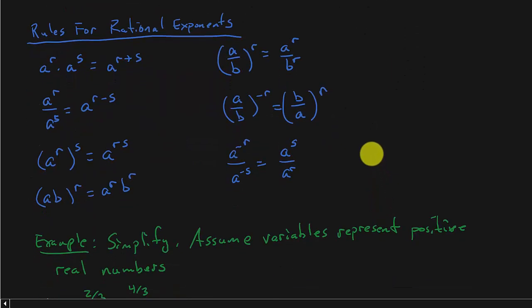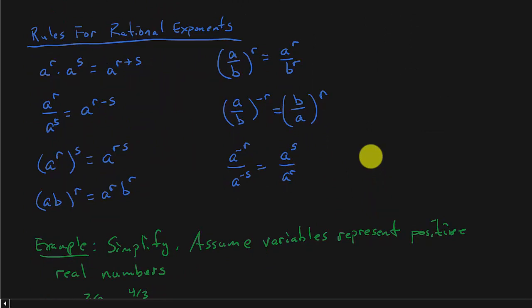Now let's look at the rules for rational exponents. In the previous section, we went over rules for integral exponents, where the exponents were integers.